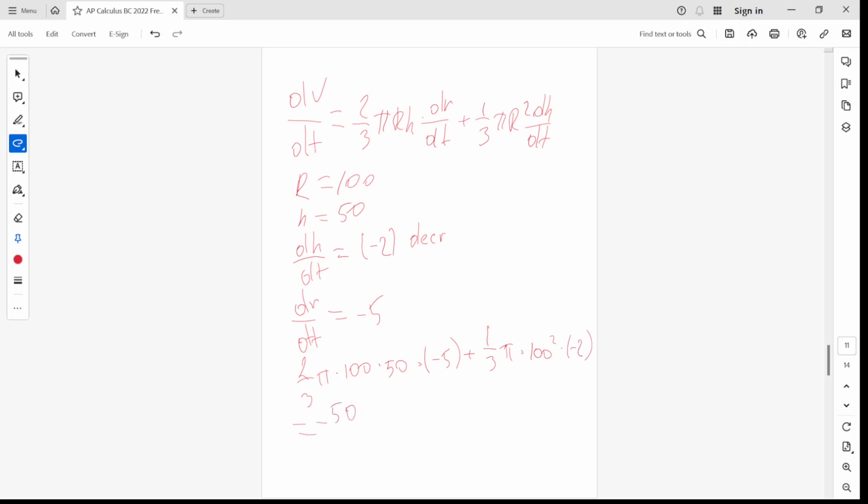This is minus 50,000 pi over 3, and this is minus 20,000 pi over 3. So in total, it's minus 70,000 pi divided by 3, and this is our final answer.